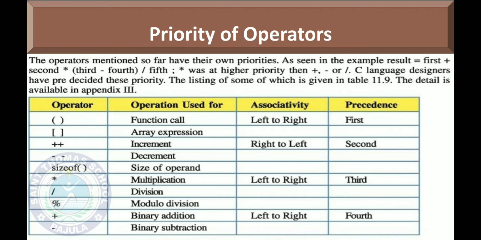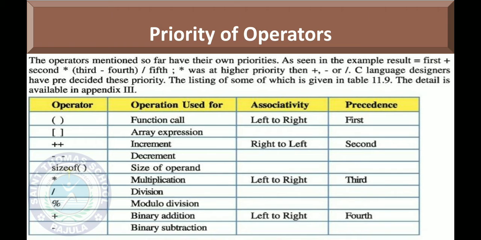Okay, now what does associativity mean? Associativity means that when a group of operators comes with the same precedence, that is, a group of operators that have the same priority and are coming together, which operator will we prefer first?